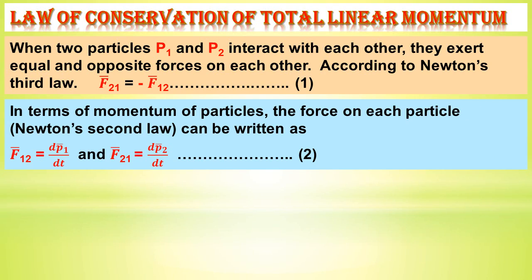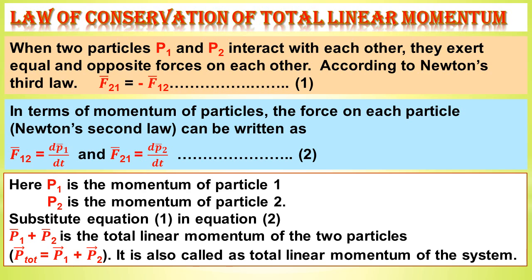Now, in terms of momentum of the particle, using Newton's second law, we can write F12 vector is equal to dp1 vector by dt, and F21 vector is equal to dp2 vector divided by dt. Let's take this as equation number 2.